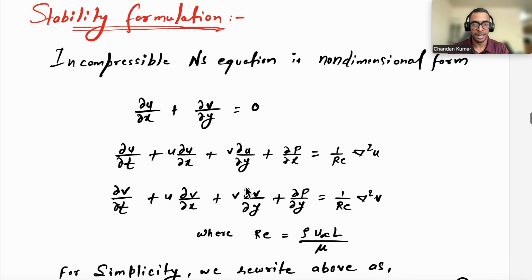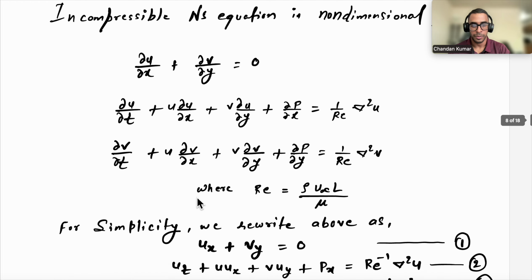But here we are starting with this full x momentum equation, and we will see as we go further down that there is the assumption of no wall normal velocity, so that is eventually going to be 0. Here R is the Reynolds number based on the free stream velocity and the flat plate length.